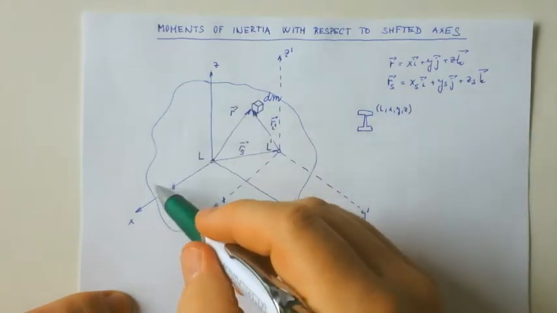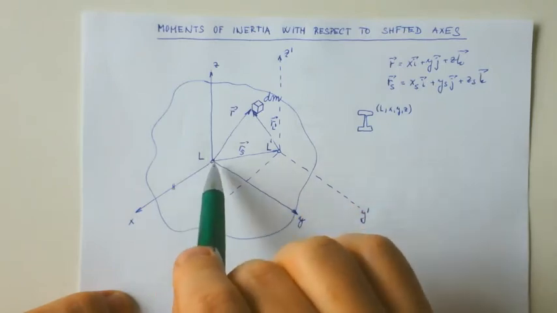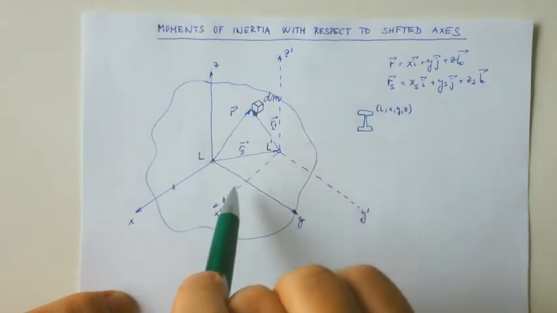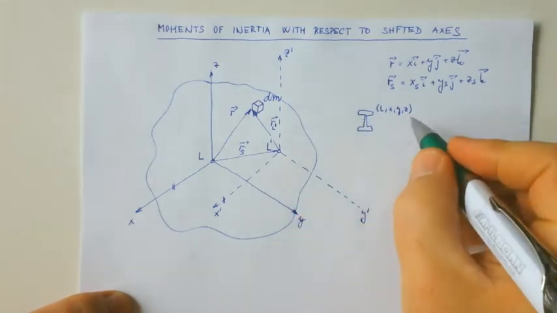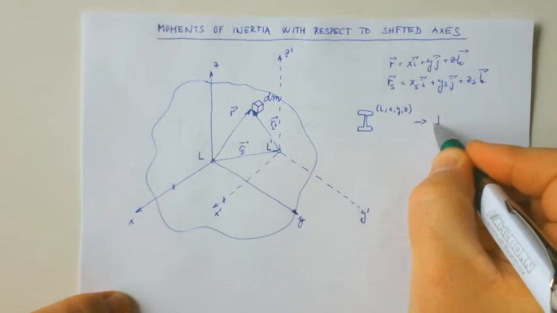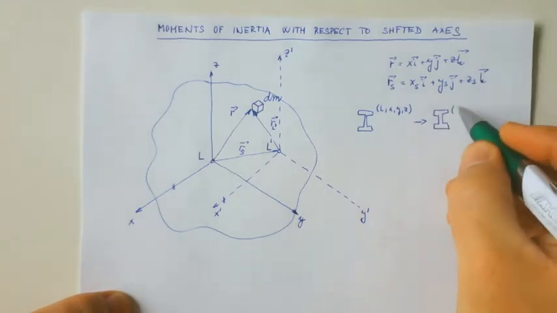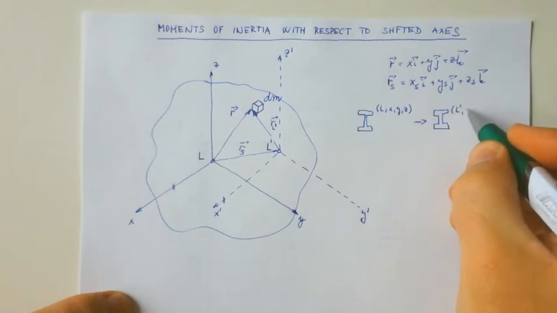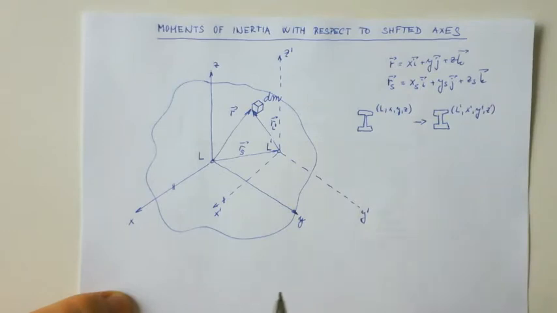The body remains at the same position, but we shifted the system, and we need to recalculate the matrix of inertia to new values respecting the system shift. So it is for the new system L, x, y, z with primes. So how to recalculate the values?